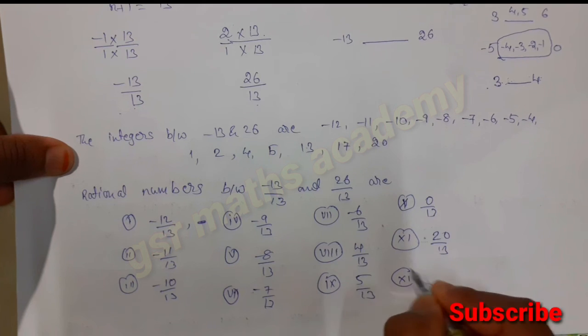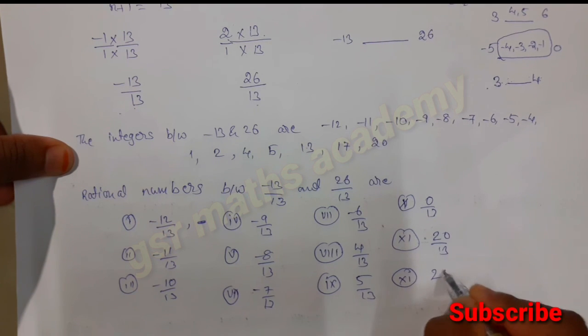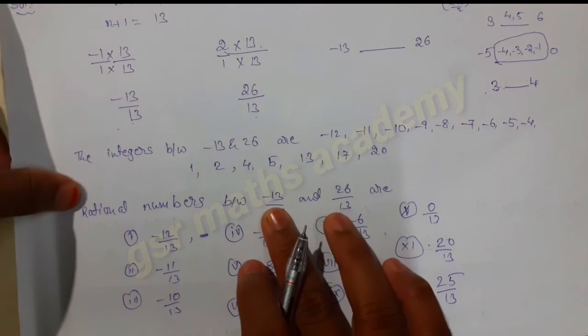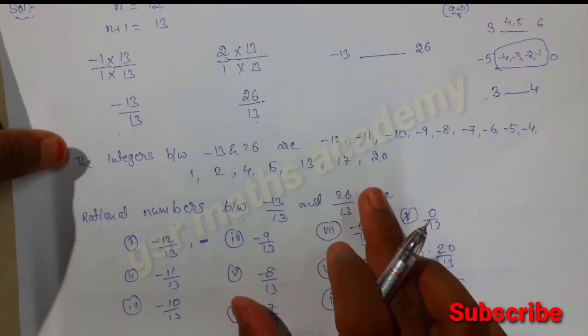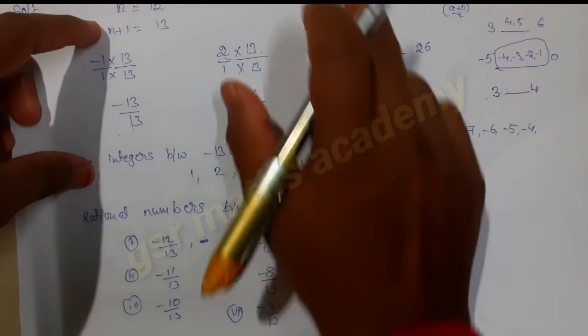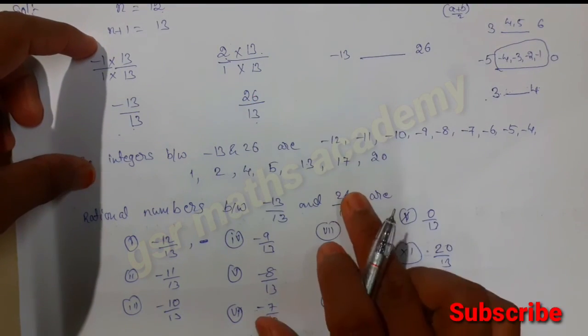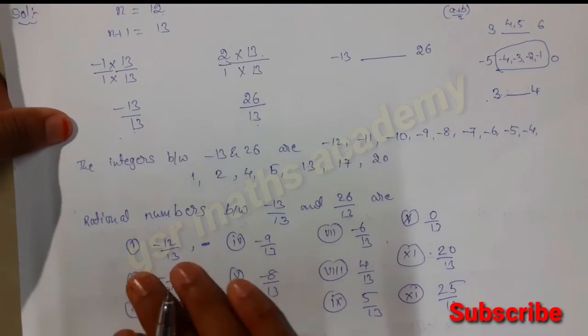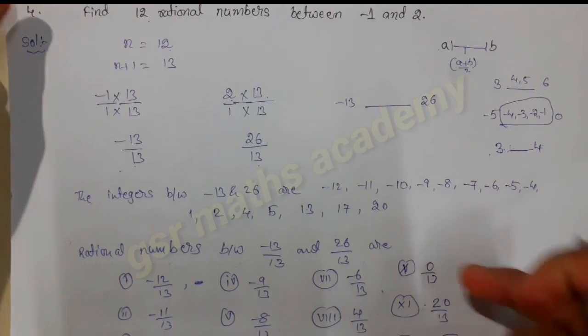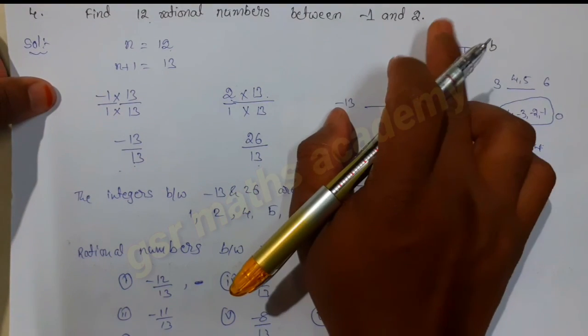Twelfth, 25 by 13. So these are the numbers which lie between -13 by 13 and 26 by 13. And -13 by 13 means -1, 26 by 13 means 2. So these are the 12 rational numbers which lie between -1 and 2.